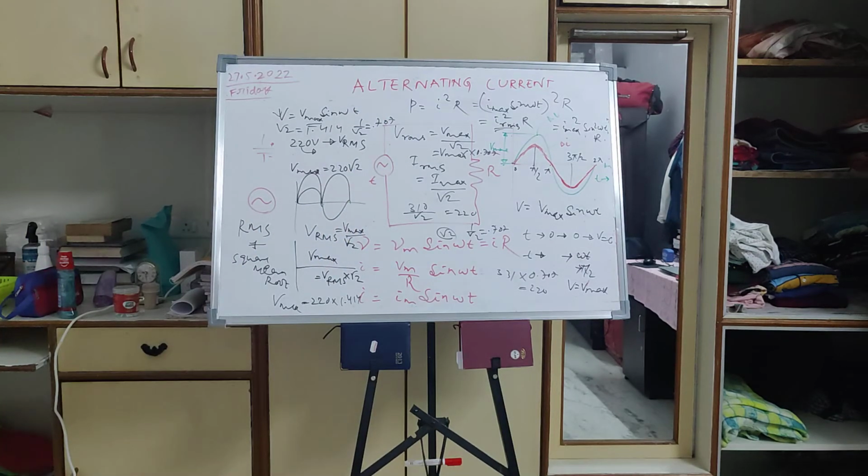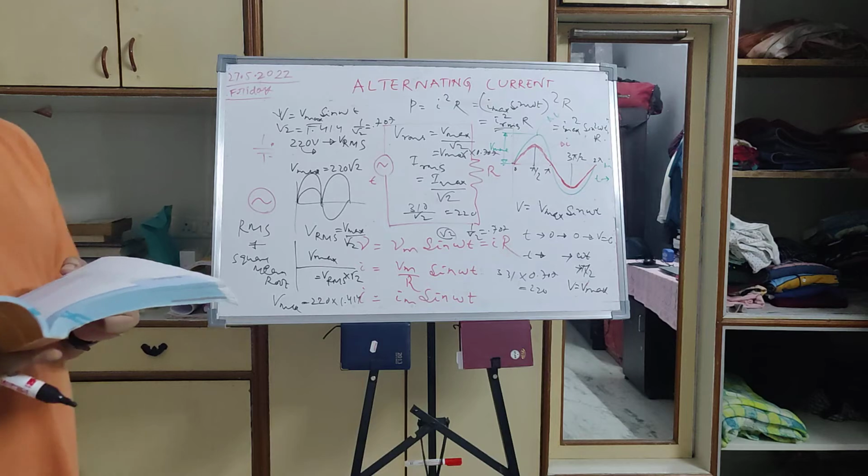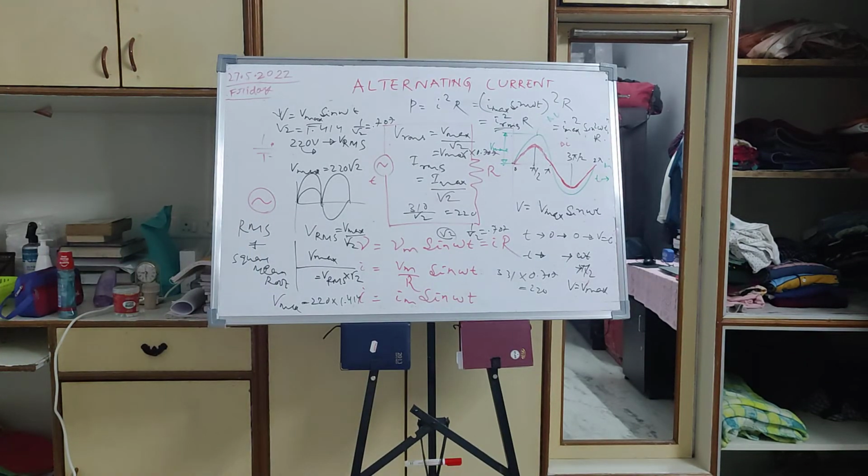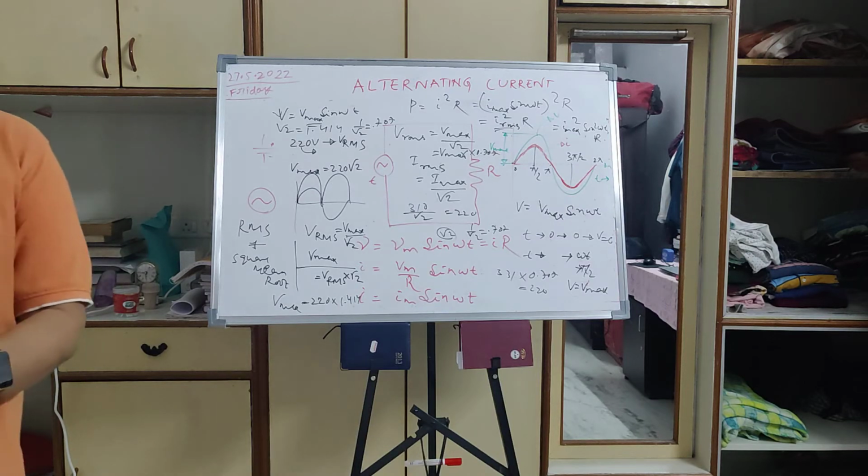The household peak voltage is 311 volt actually. Whatever we call 220 volt is the RMS value, but the peak value is 311.